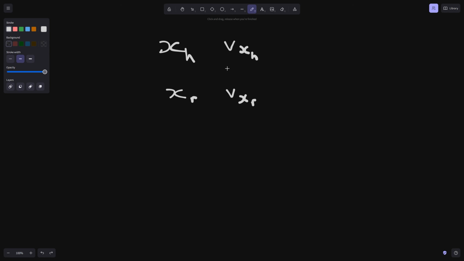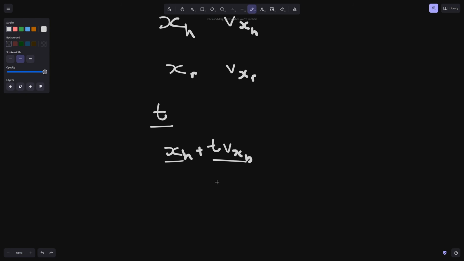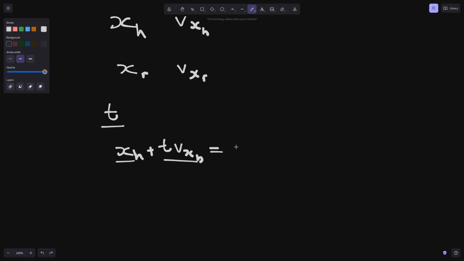And so the amount of time that it takes for these to collide, we see that after some given time t, and in this case we actually care about t because the rock and the hailstone do actually have to collide, we need some t such that xh plus t times vxh, so the starting position plus time times the velocity, has to be equal to that for the rock.